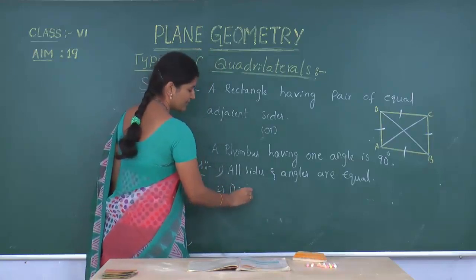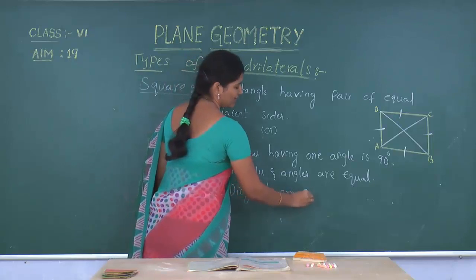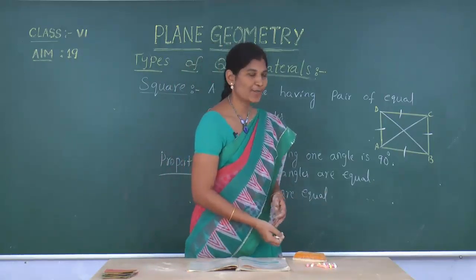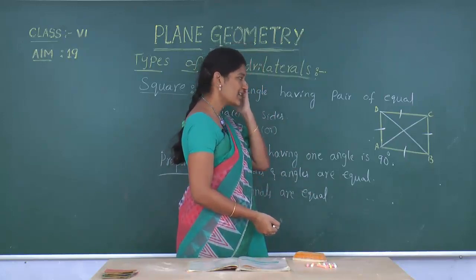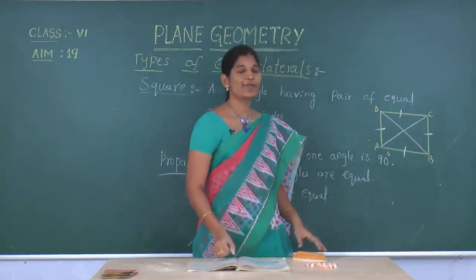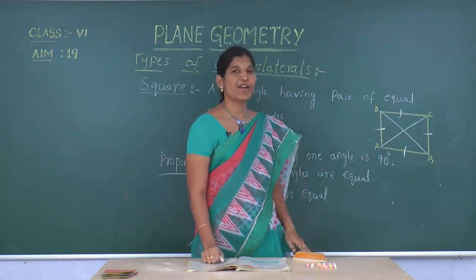Second property, diagonals are equal and they bisect each other also. And next one is, if you add adjacent angles, they give 180 degrees. So we can say the sum of adjacent angles gives 180 degrees.